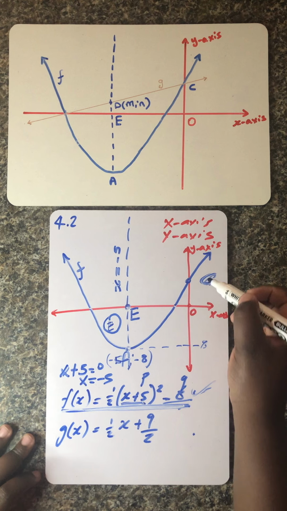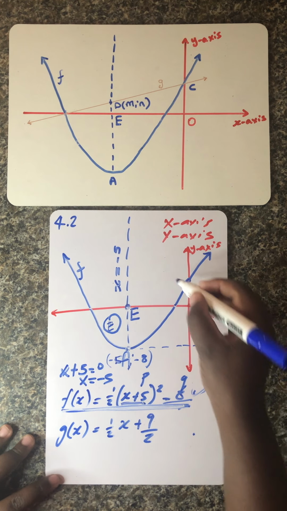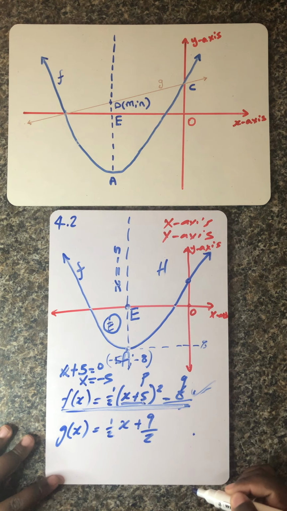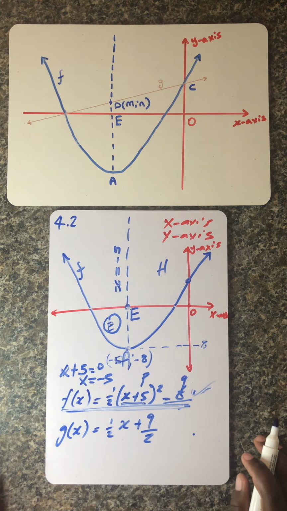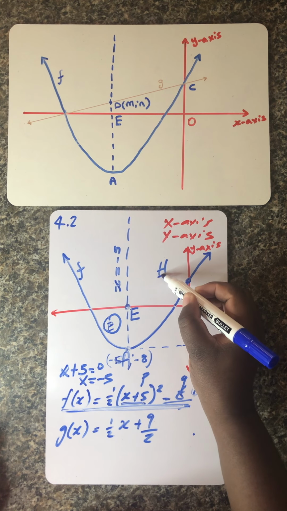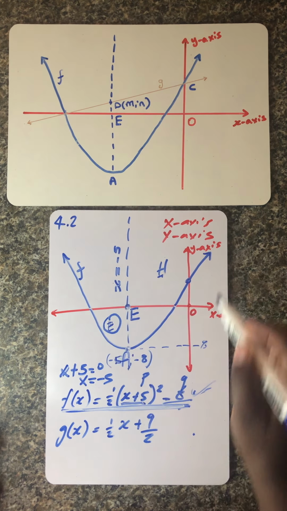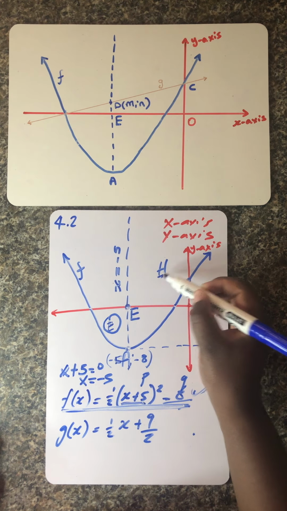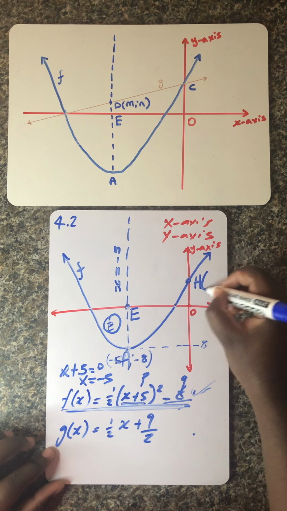Even if it was not C, but let's say it was H, for example, and that H is written somewhere there. It could be a typing error. It could be something else, but in the statement they say H is the y-intercept of the graph of F. Then you already know that when we talk of H, we refer to that point.